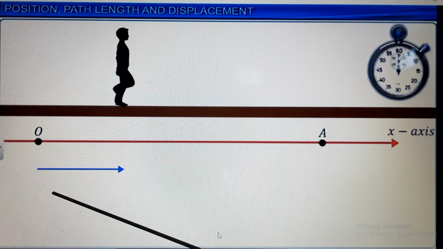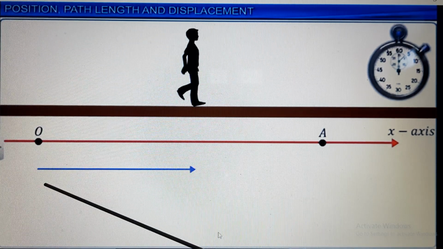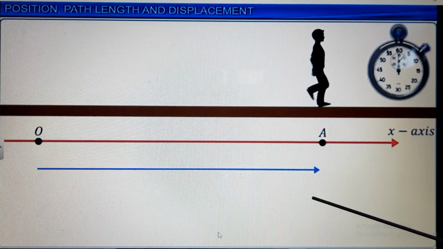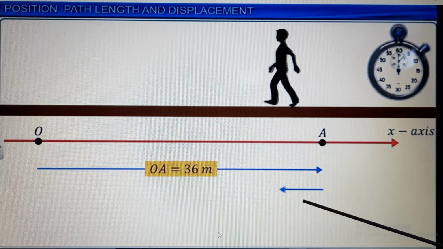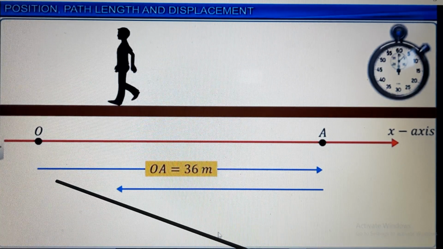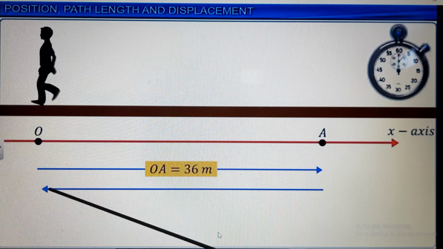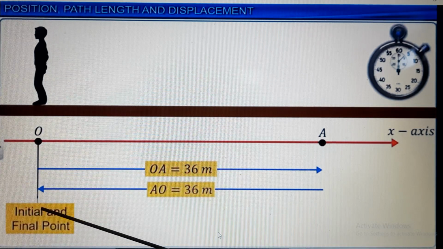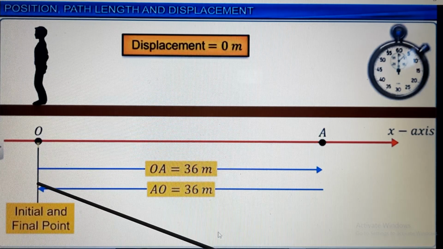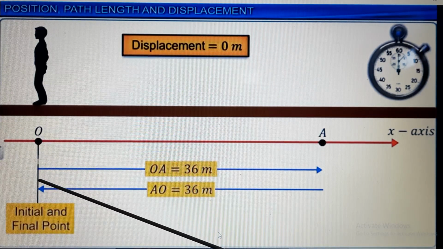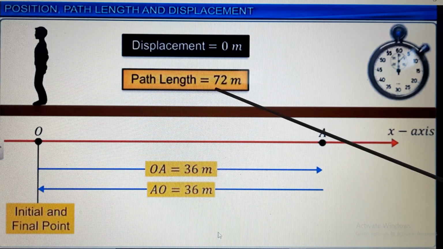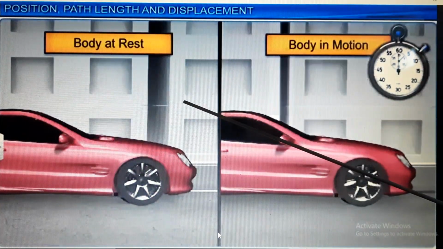This boy is moved again from O to A, and again it is moved from A to O. So its final and initial positions are the same, so its displacement is 0. Okay. But its path length is 72 meter because path length is the total distance.